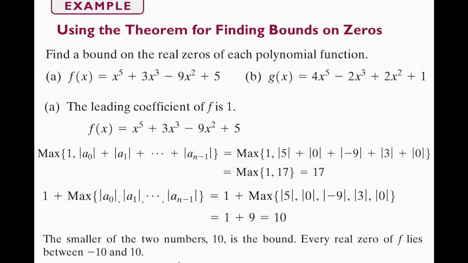So the smaller of the two numbers, 10, is the bound. Every real zero of f lies between negative 10 and 10. So please note you pick the smaller of the two numbers, and the negative version and the positive version will tell you where your zero lies. Pretty cool. Let's try it with b.